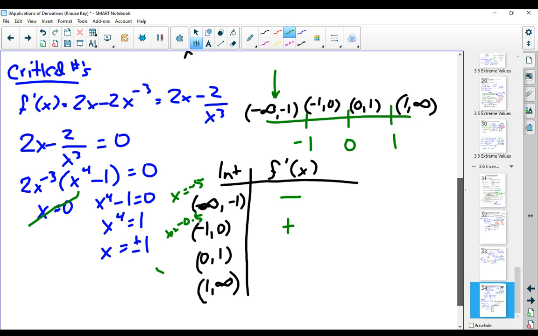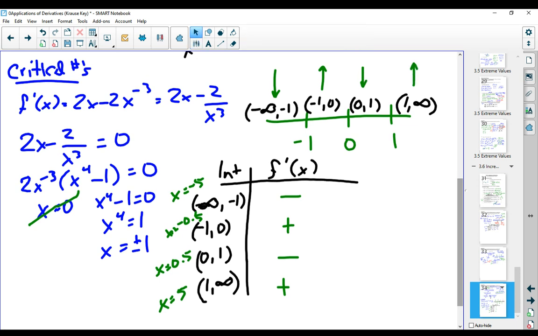For the next one, I used x equals 0.5, and the derivative is negative. And from 1 to infinity, I used x equals 5, and the derivative is positive. So it's decreasing, increasing, decreasing, and increasing.